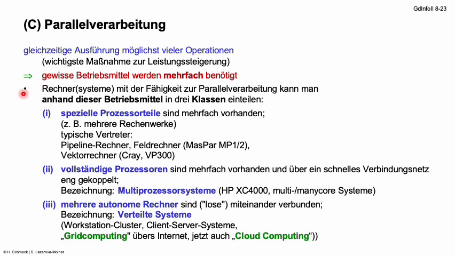And parallel processing, based on the level at which it happens, can be divided into 3 classes. So you can have certain parts of the processors being available in more than one instance. And you can have several arithmetic logic units, for example.